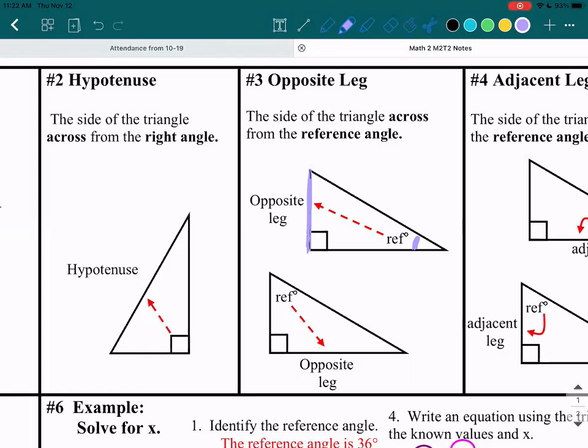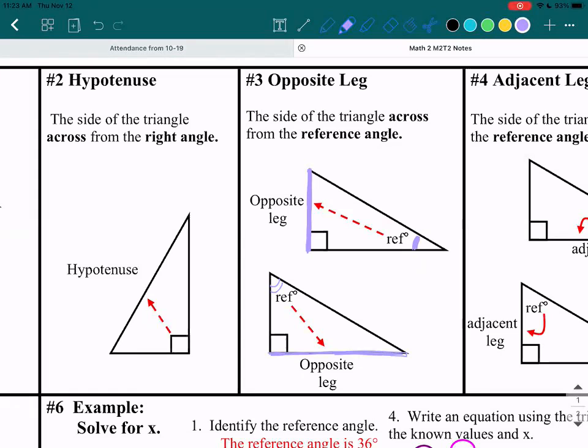If I gave you that same problem, but this time I want you to use the top as the reference angle, the opposite leg will change. Now the opposite leg is on the bottom because it needs to be opposite of the reference angle. That's what opposite stands for.